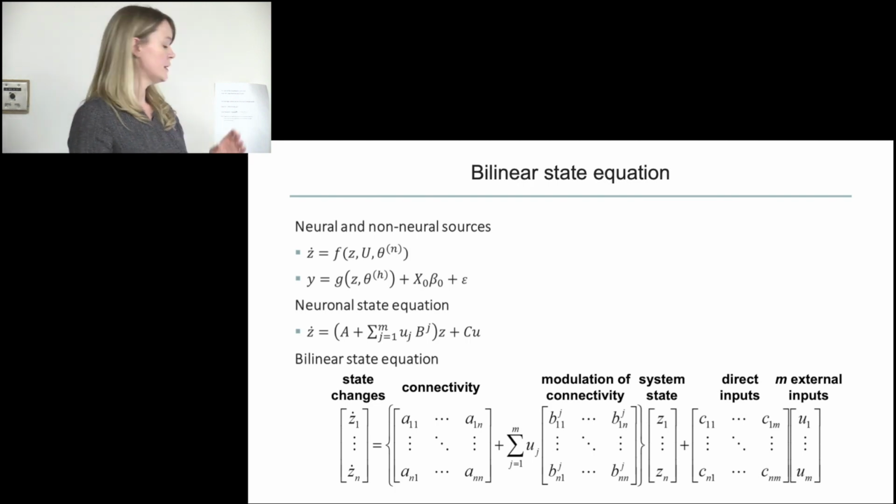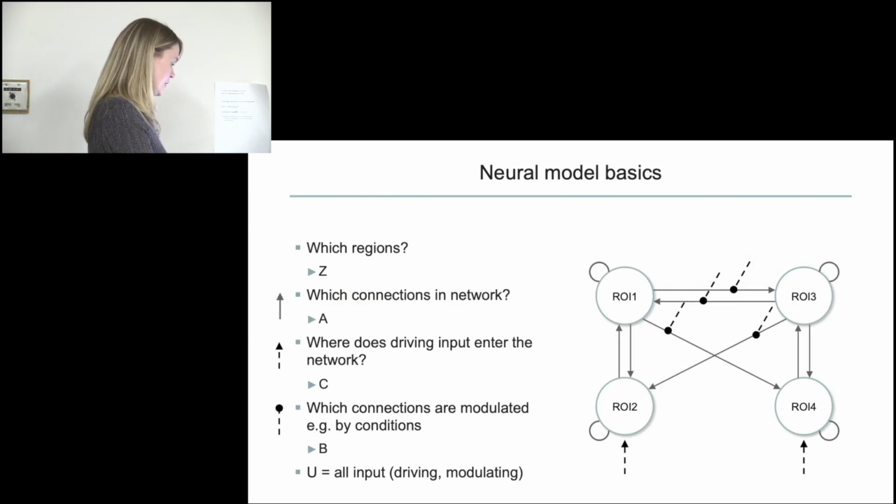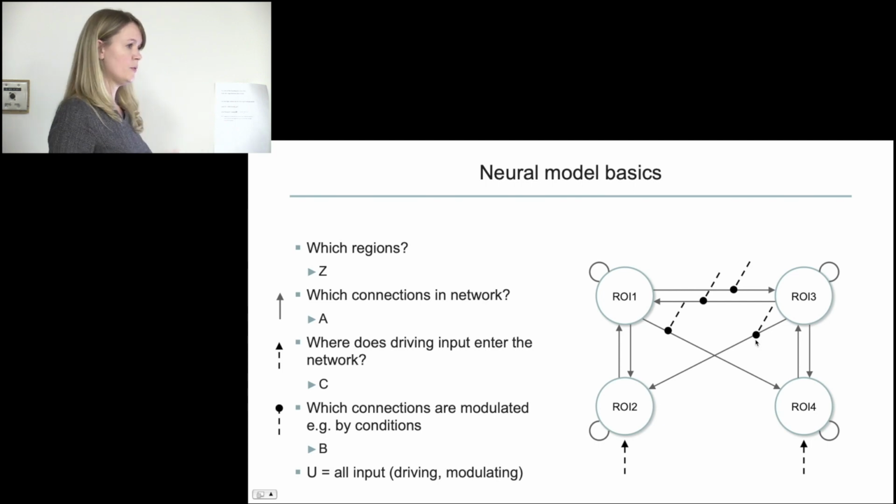So you could say that a specific region is only modulated when I show subjects pictures, and another one with words, and that's why we have two separate B matrices for each condition that you can specify.